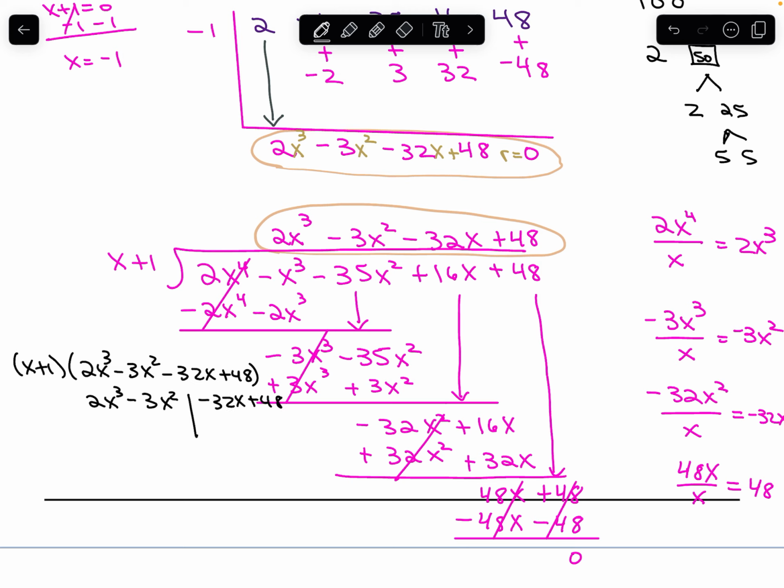See if I can factor it. So here there'd be a GCF of x squared. So this would be 2x minus 3. And here there'd be a GCF of negative 16. So this would be 2x minus 3. So I've got x squared minus 16 times 2x minus 3. And x squared minus 16 can be factored further by difference of squares.